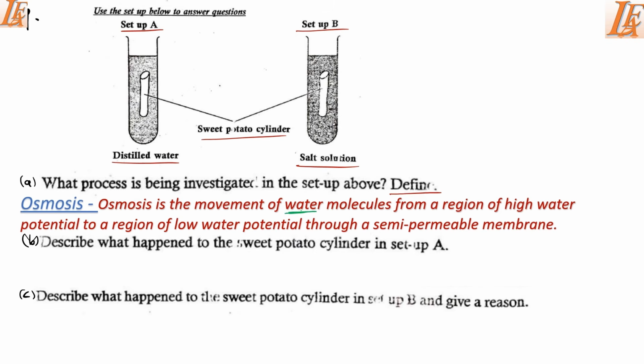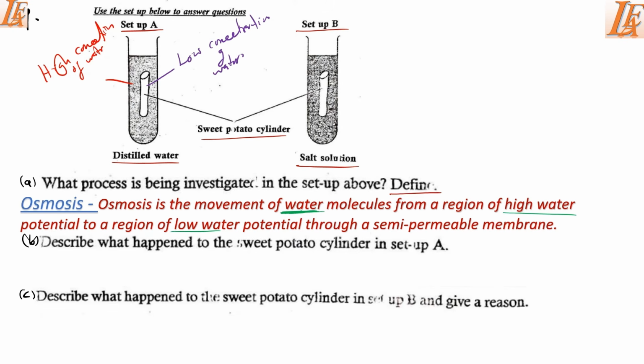This one is very important. In osmosis, we deal with the movement of water molecules from a region of high water potential or concentration to a region of low water potential or concentration, and it must involve a semi-permeable membrane. So here what you should note is that in distilled water, we have a high concentration of water. Then inside this potato cylinder, we have a low concentration of water.